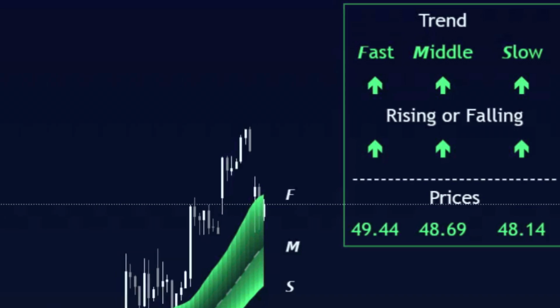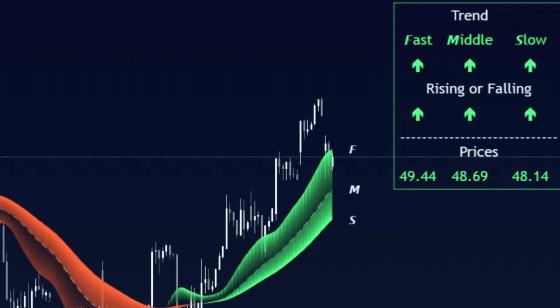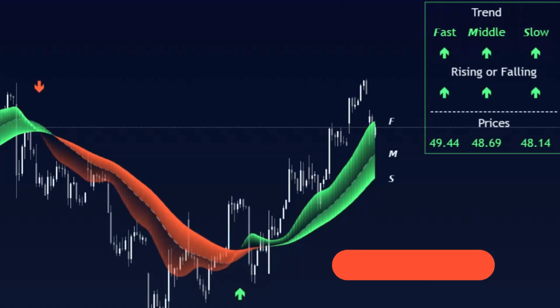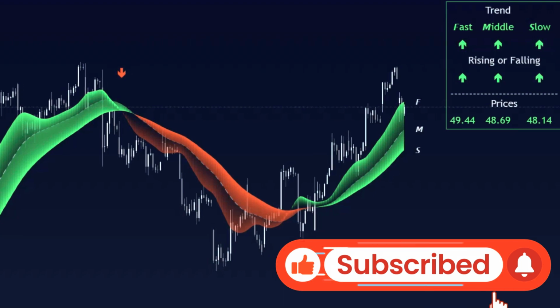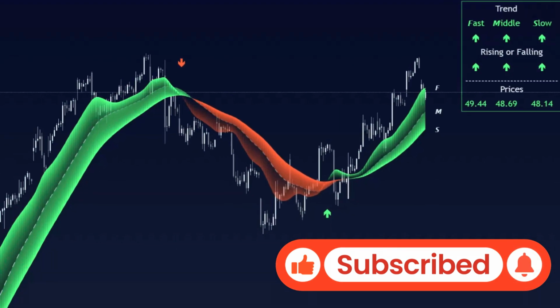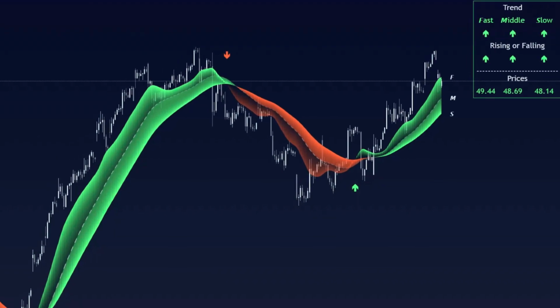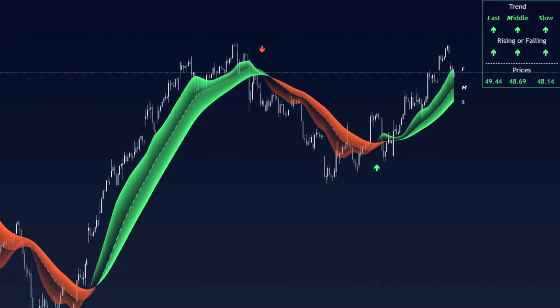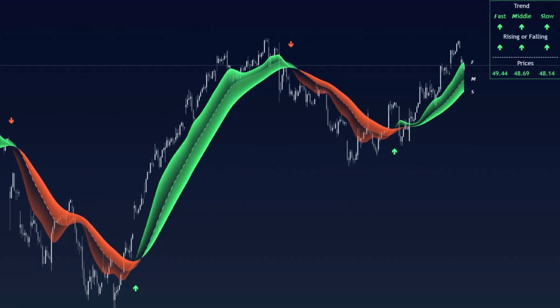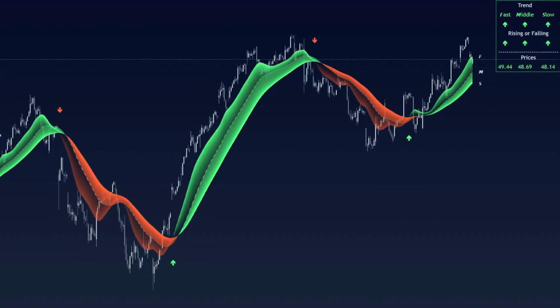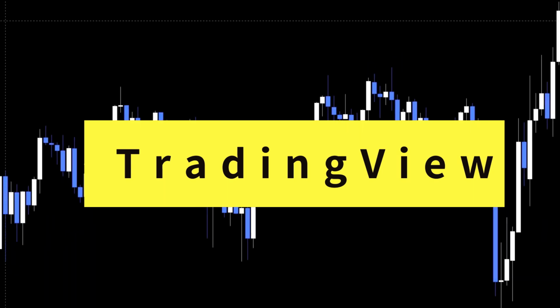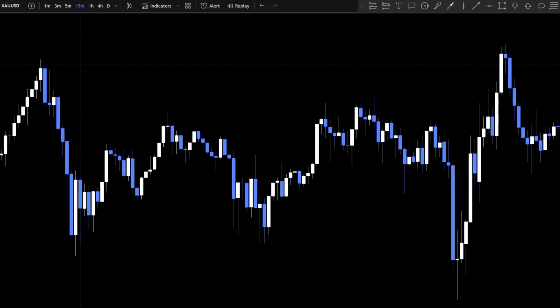The indicator uses a special calculation based on a super smoother filter to show you the trend. It displays three lines, a fast line, a mid line, and a slow line. These lines work together to create what looks like a cloud on your chart. So if you want to see this in action, it's pretty simple. If you're using TradingView, just go to the indicator section.